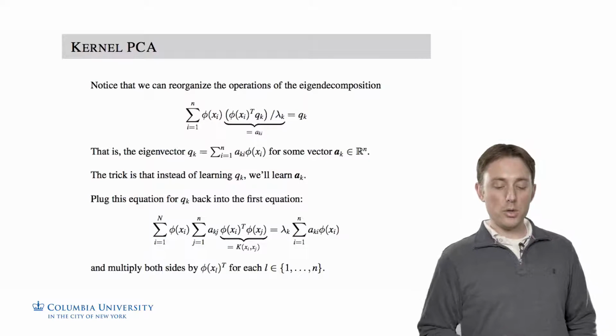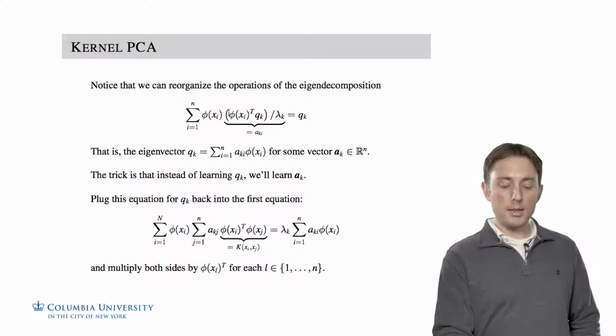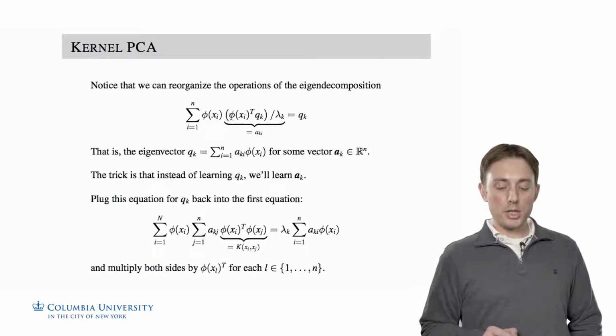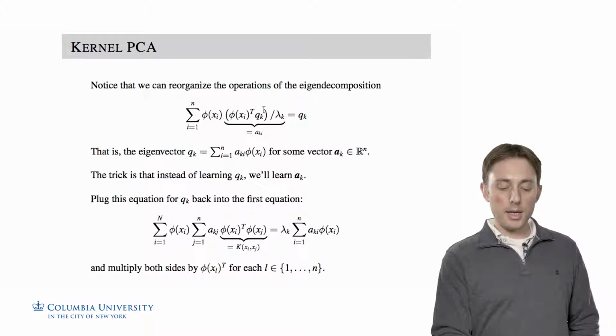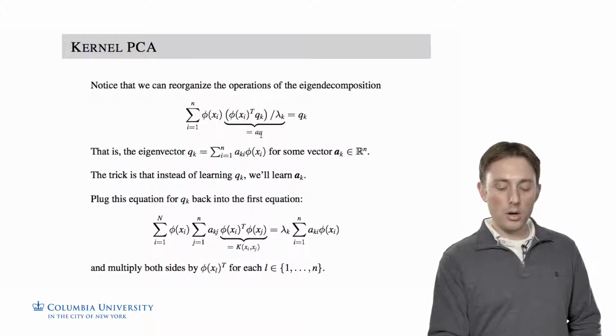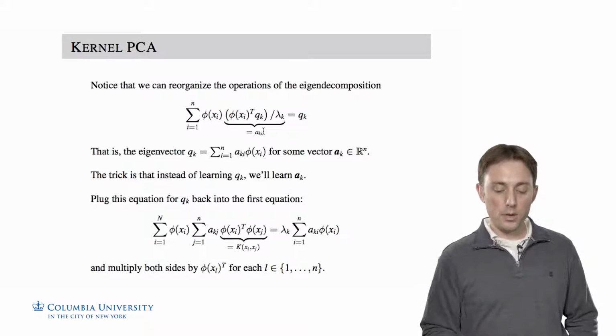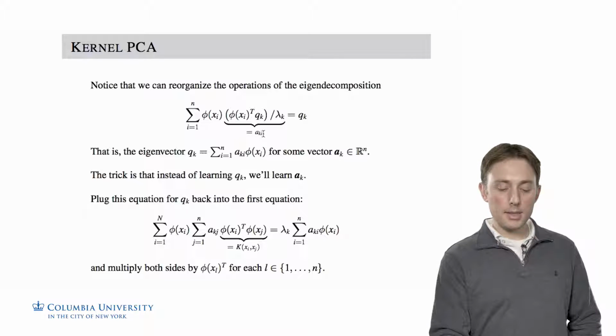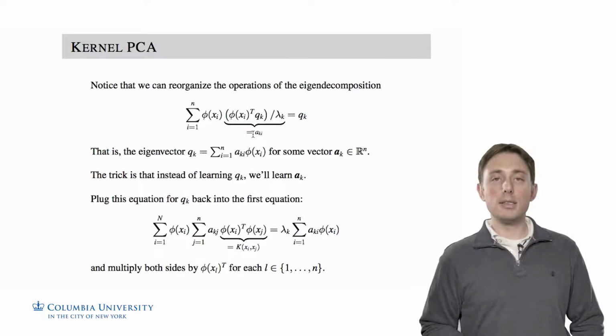Now I want to switch the orders. I want to multiply my higher dimensional projection of xi with the kth eigenvector divided by the kth eigenvalue. And now I'm going to call that a sub ki. So i is indexing the data point, k is indexing the eigenvalue and eigenvector pair.